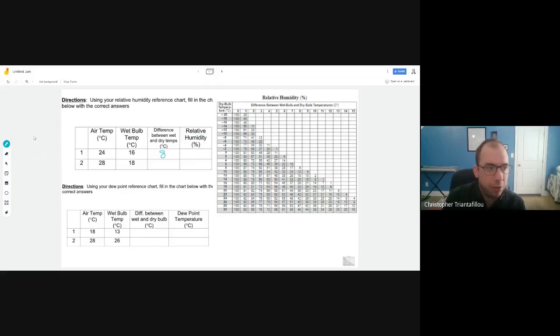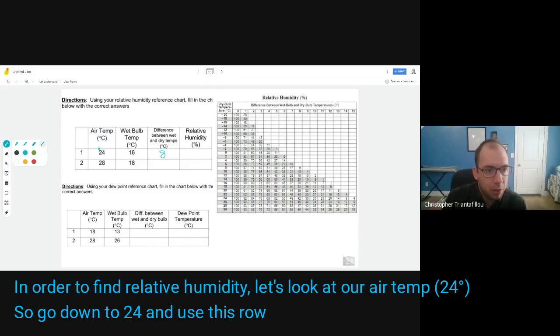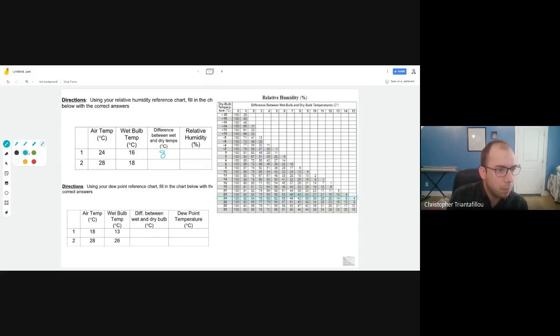Now, in order to find the relative humidity, let's look at our air temperature. 24, that's the same as the dry bulb. So go down to 24, and we're going to use this row. Now, we find the difference between wet bulb and dry bulb.